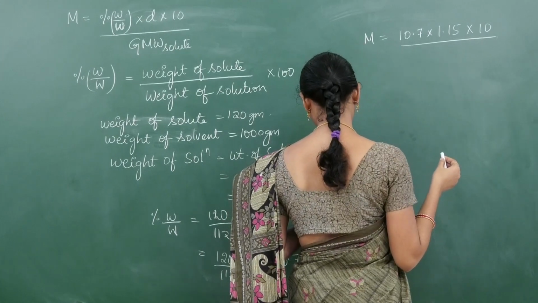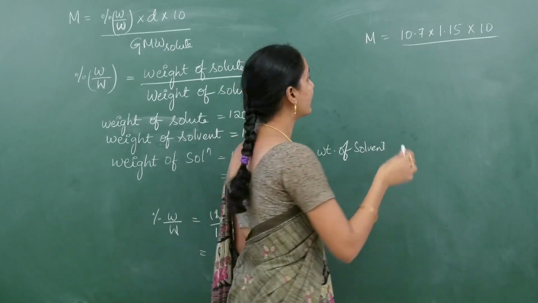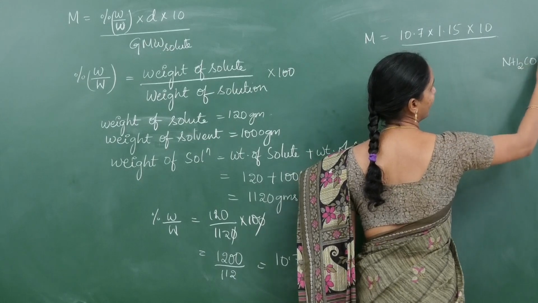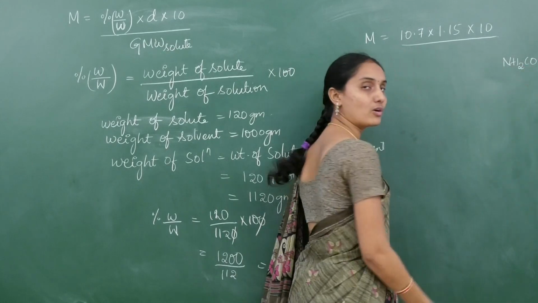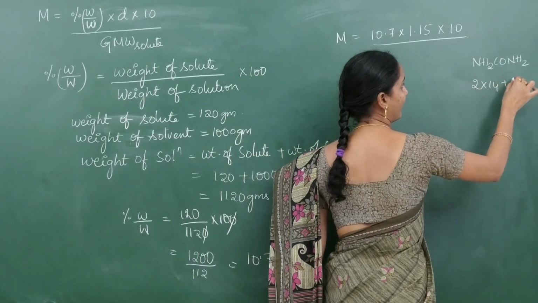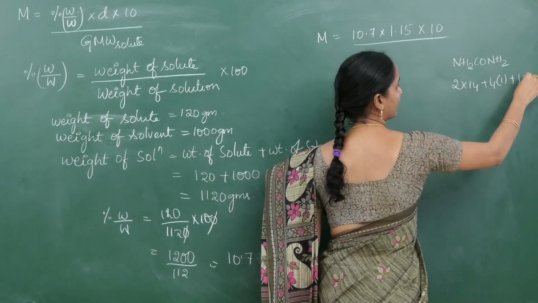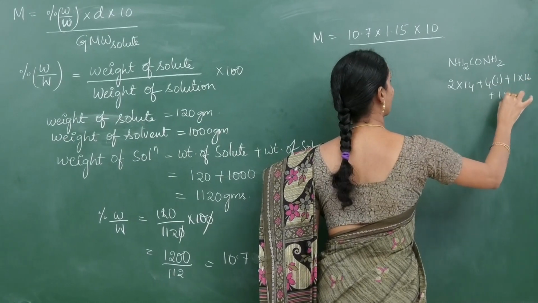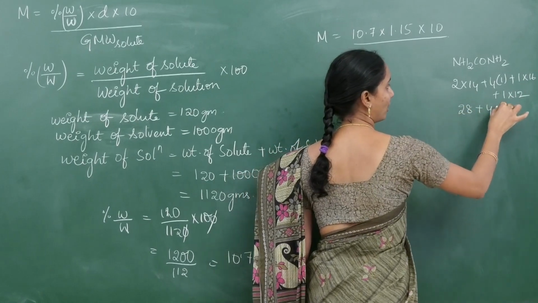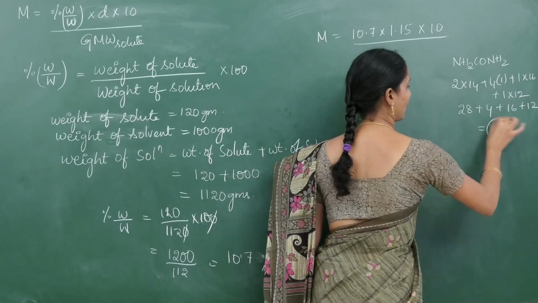What is the solute given in the sum? It is urea. So the formula of urea is NH2CONH2, children. So how many nitrogens are there? 2 nitrogens. So 2 into 14 plus 4 hydrogens, 4 into 1, plus 1 oxygen, 1 into 16, plus 1 carbon, 1 into 12. So 28 plus 4 plus 16 plus 12, total it becomes 60, children.